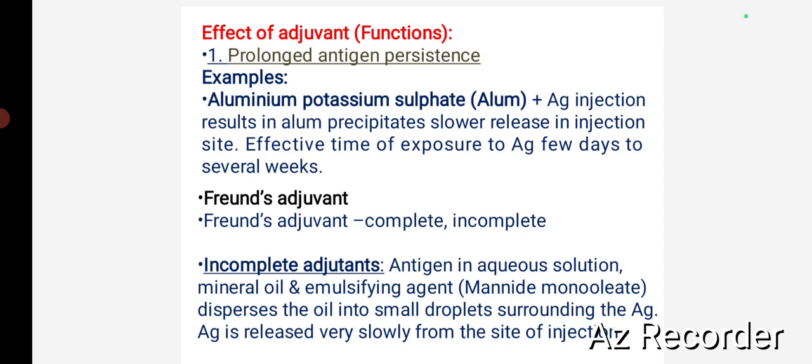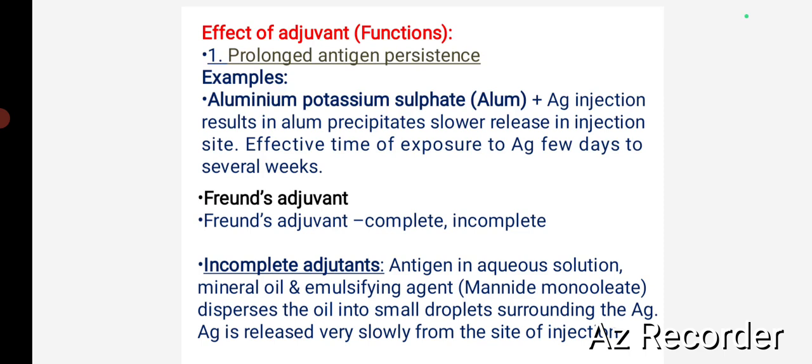Alum and antigen injection results in alum precipitates and slower release at the injected site. Effective time of exposure of antigen is a few days to several weeks. Generally when antigen is injected, the immune responses are quickly disposed of. When combined with alum, the antigen has more exposure time.